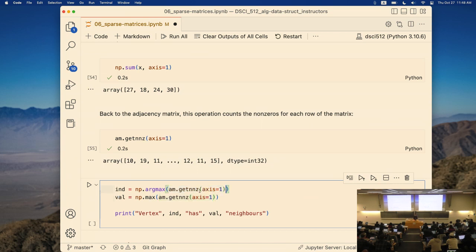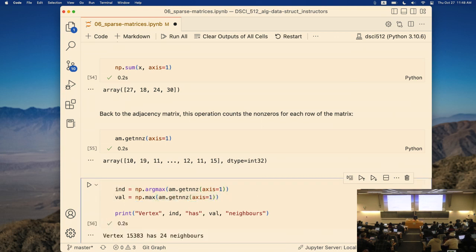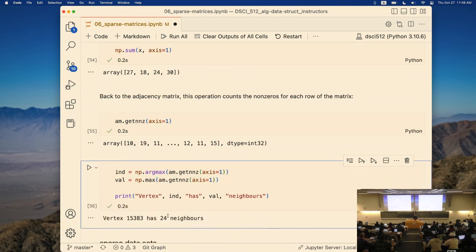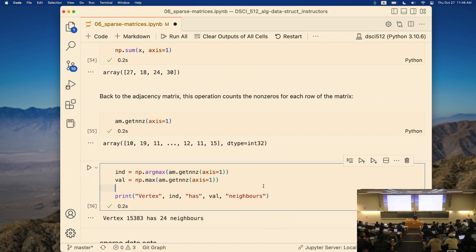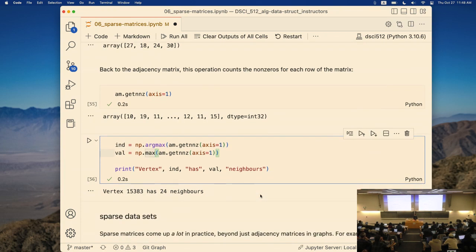And then I can also see which particular node has, for example, the maximum number of edges. In this case, this particular vertex or node has 24 neighbors. That's the largest number of neighbors connected to a node. This is just to show you that these kinds of operations that we do in NumPy, such as summing along an axis or taking the mean along an axis and then finding argmax or max, all work for a sparse matrix as well.